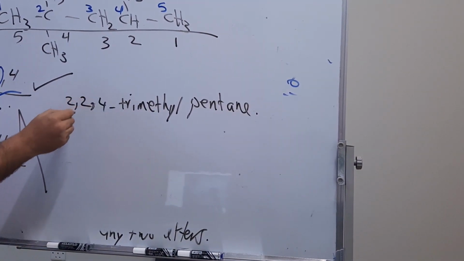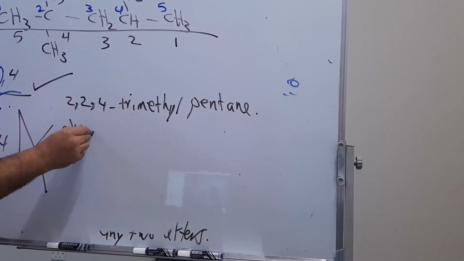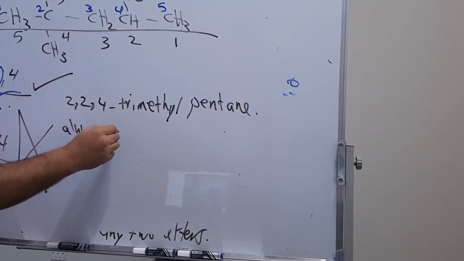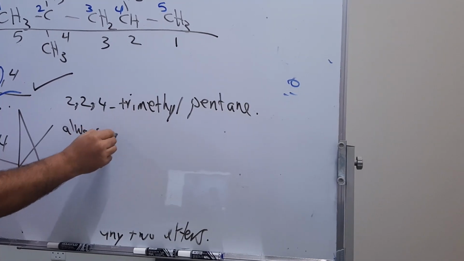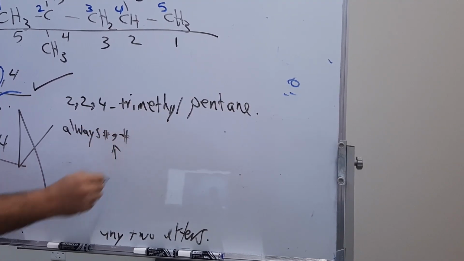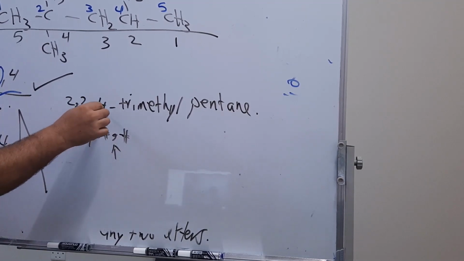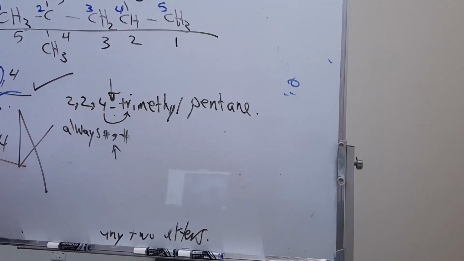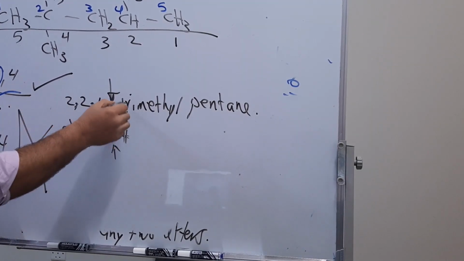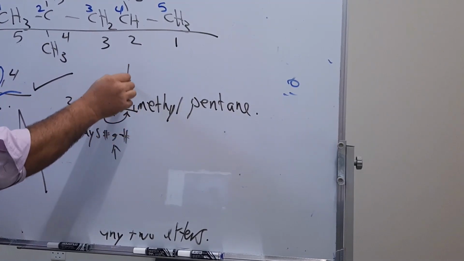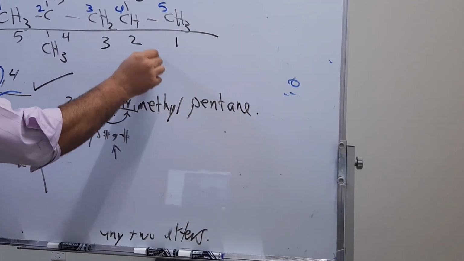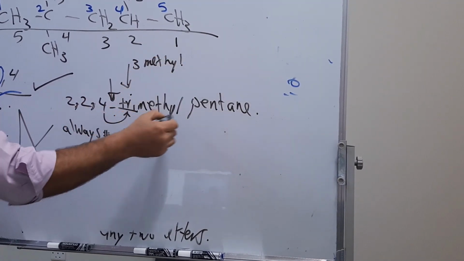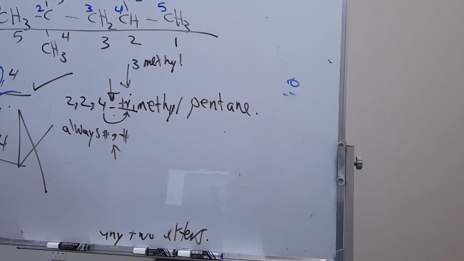What you have seen here, we always use a comma between any two numbers. A number and a number must be separated by a comma, and between any number and a letter there must be a hyphen. And then we use tri for 3 methyls, pentane. Do you follow me?